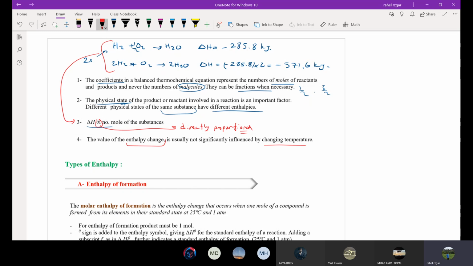For example, if we do this reaction during winter or during summer, nearly the same amount of energy is always the difference between product and reactant. Why? Because the enthalpy change is the difference in energy between product and reactant.